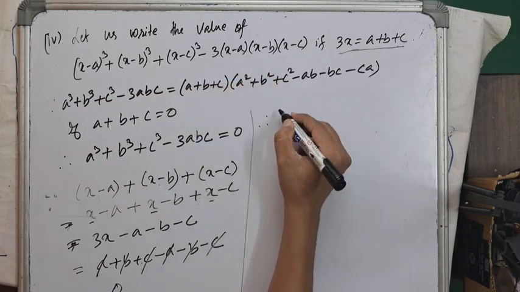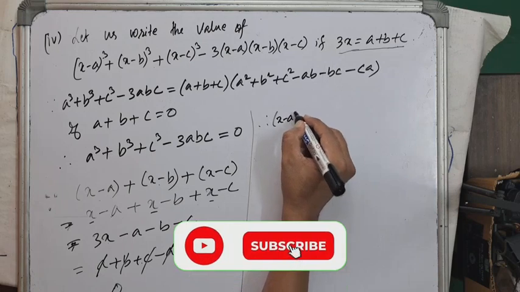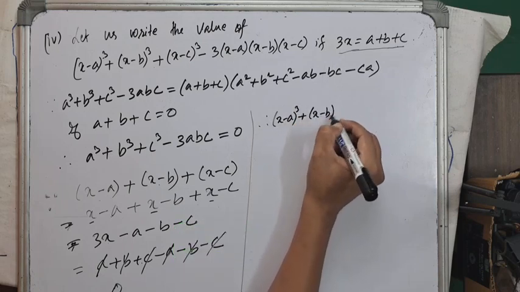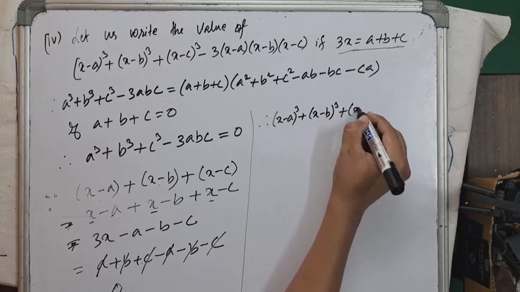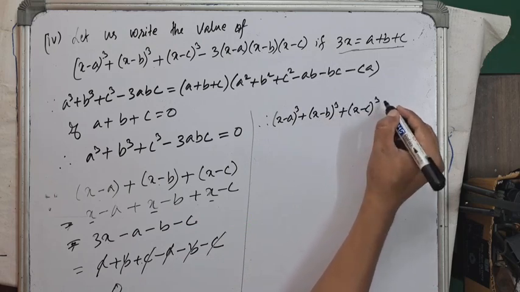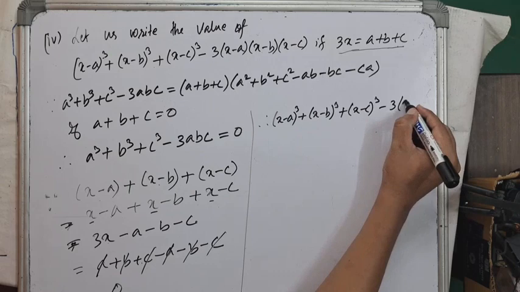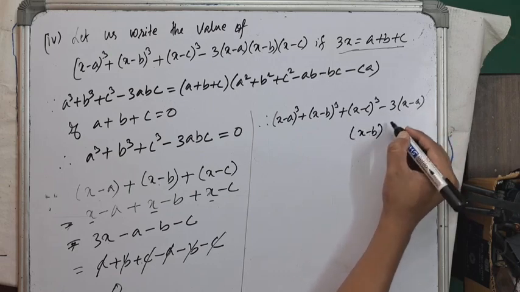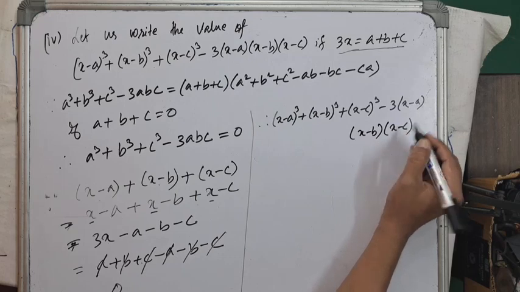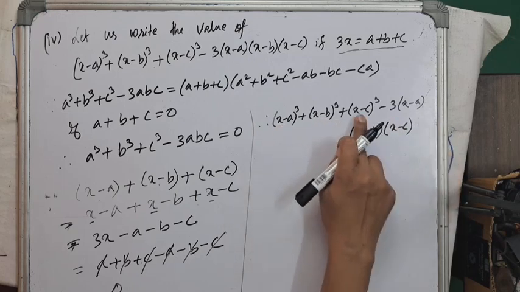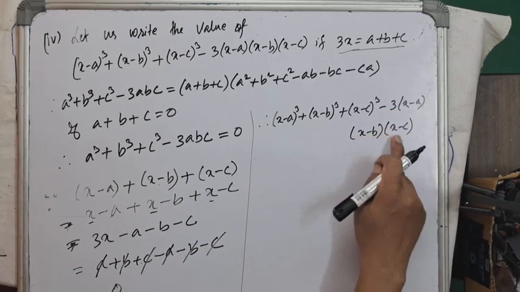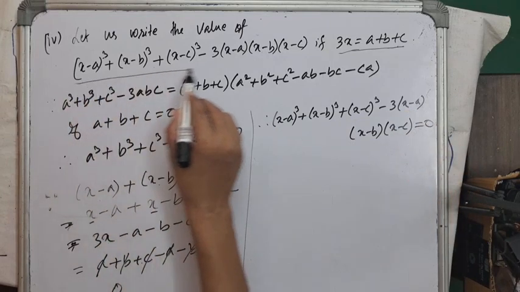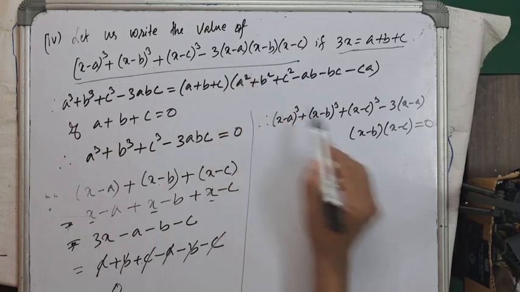Therefore, we can write (x minus a) whole cube plus (x minus b) whole cube plus (x minus c) whole cube minus 3 into (x minus a) into (x minus b) into (x minus c), that is a cube plus b cube plus c cube minus 3abc, equal to 0. So we were asked to find the value of this expression. The value of this expression is 0.